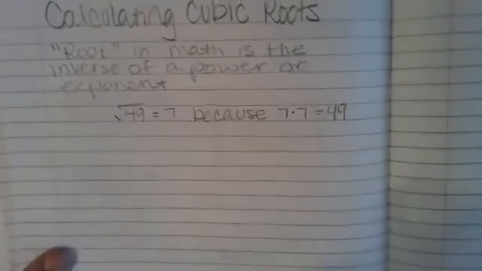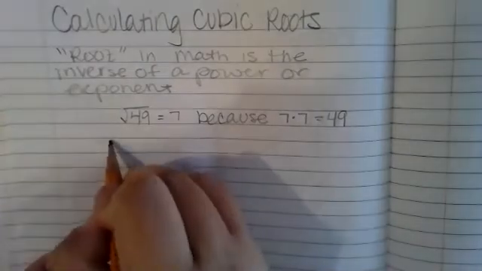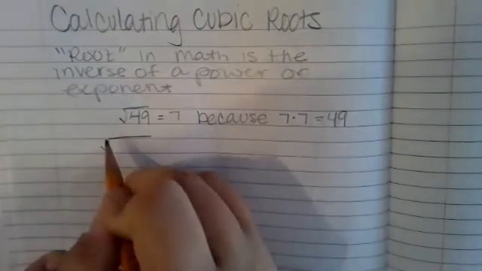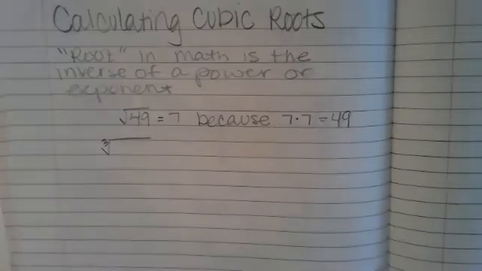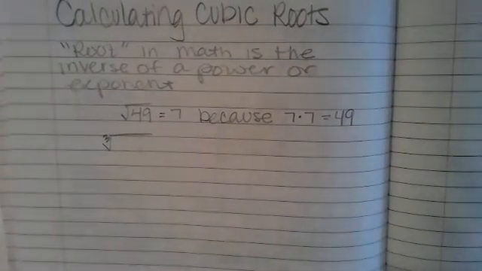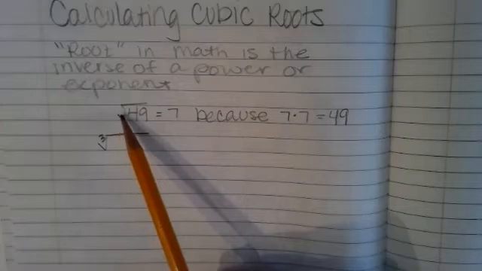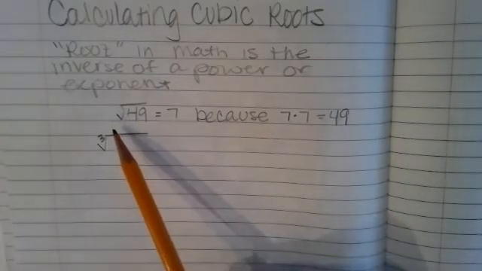Now, this here is called a cubic root. If it is a square root, which this symbol represents, there's nothing inside here. Does everyone see that? There's nothing inside there.